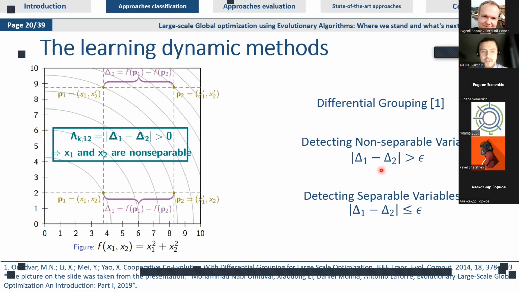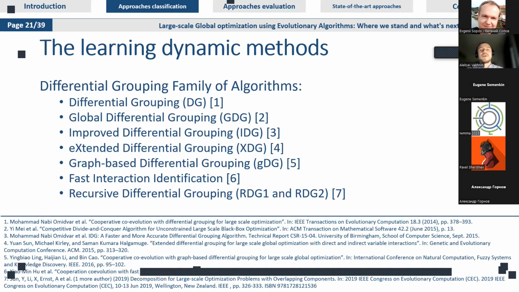If the absolute difference between delta 1 and delta 2 is more than epsilon, it means that the variables are non-separable. But if it's lower than the epsilon value, it means that we can put them in different groups, I mean, in different subcomponents.